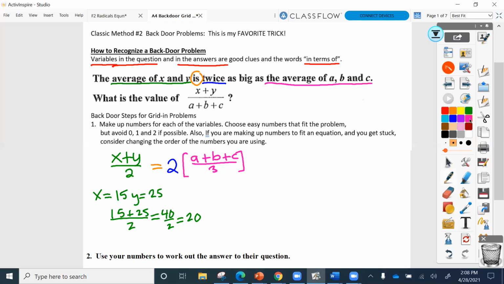So we want A plus B plus C, the average of that, to be twice as much as 20, or equal to 40. All right, so we need 3 numbers for A, B, and C whose average would be 40.